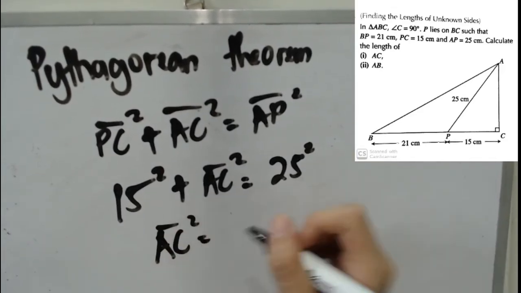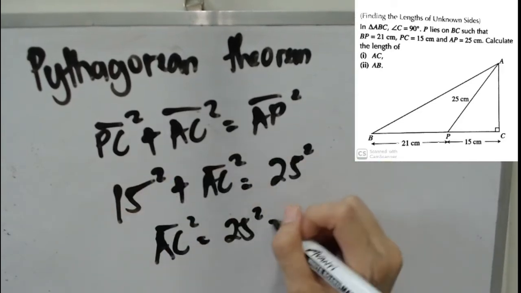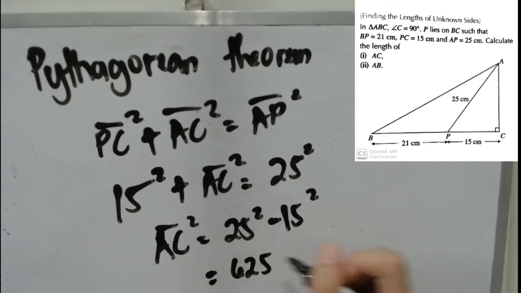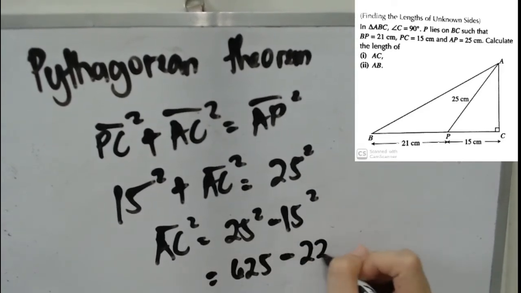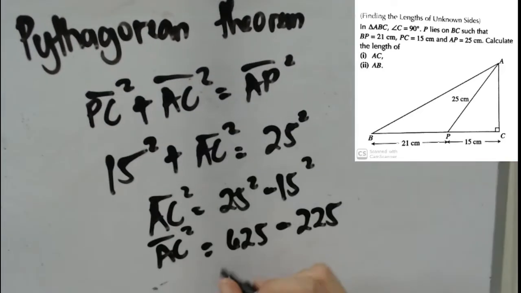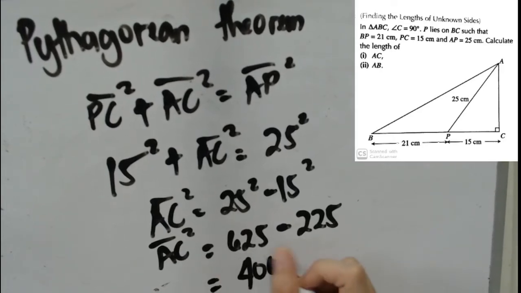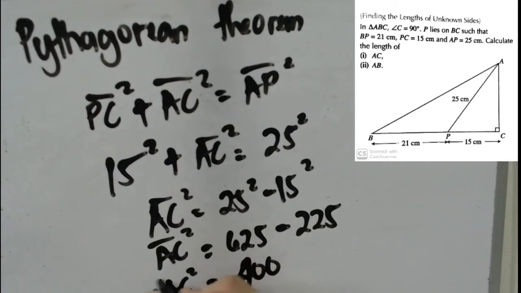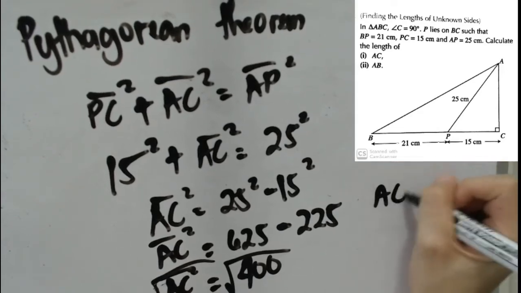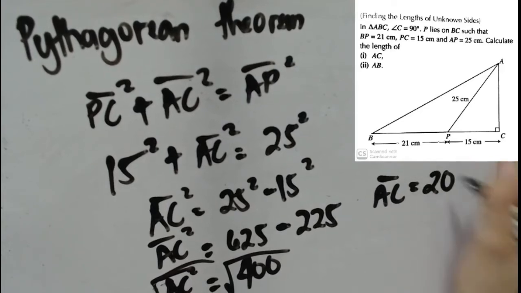Transposing 15 gives us 25 squared minus 15 squared. 25 squared is 625 minus 15 squared is 225, so it is equal to AC squared. 625 minus 225 gives us 400, which equals AC squared. To eliminate the square, we get the square root of both sides. So AC is now equal to 20.